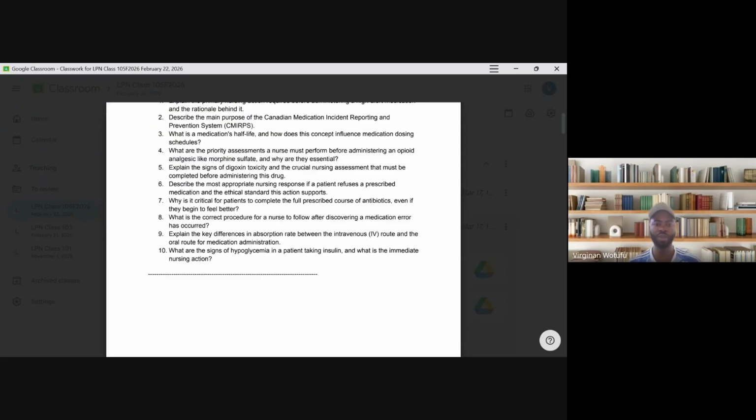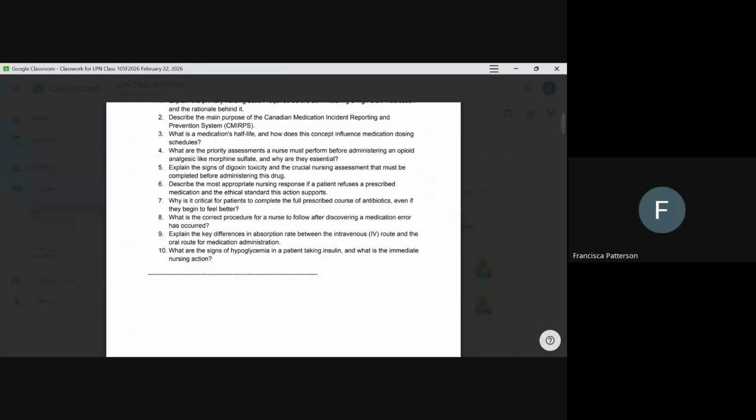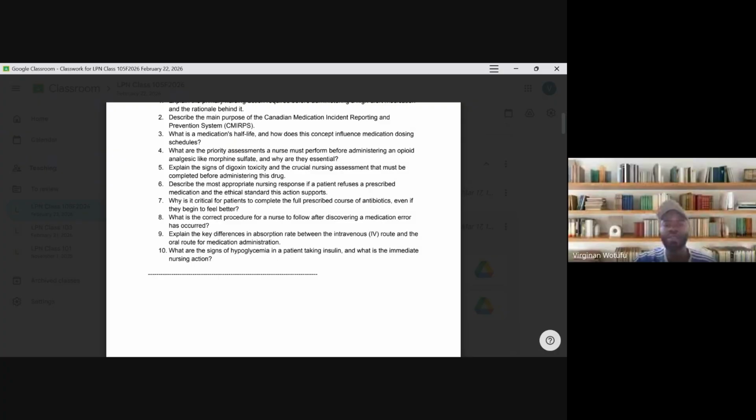The most appropriate nursing response. Please, the question again. It states, describe the most appropriate nursing response if a patient refuses a prescribed medication and the ethical standard this action supports.